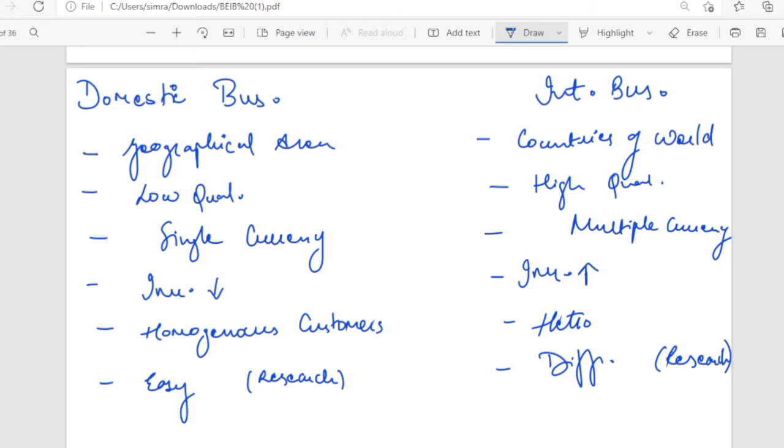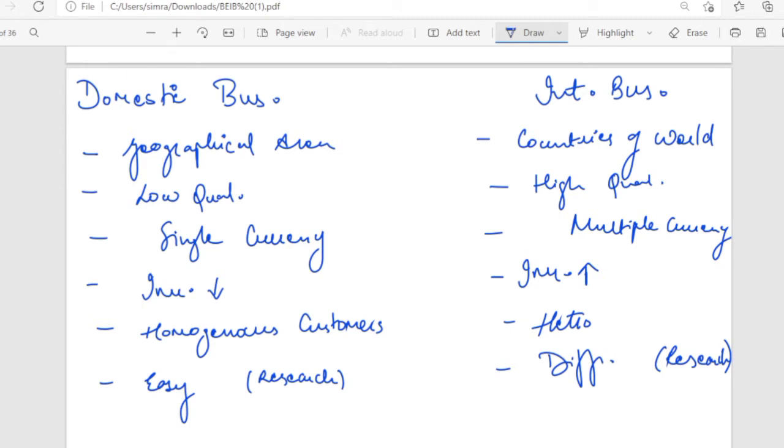The second point is low quality and high quality, that is, the standard of goods and services. When you transact with a different country, the quality standard will be a bit higher than in your own country, because we try to take all the good points from them.